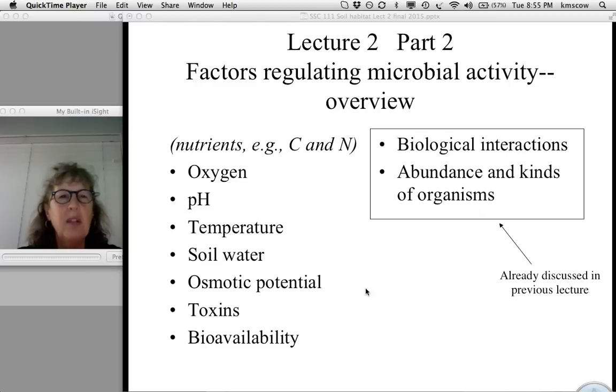In some cases, really clear relationships between these factors and microbial activity. In some cases, it's kind of complex. And in some cases, you think you're looking at one factor like soil water, but manipulating soil water is going to change some other factor in soil that may actually be what is responsible for the change in activity. Okay, let's get going.